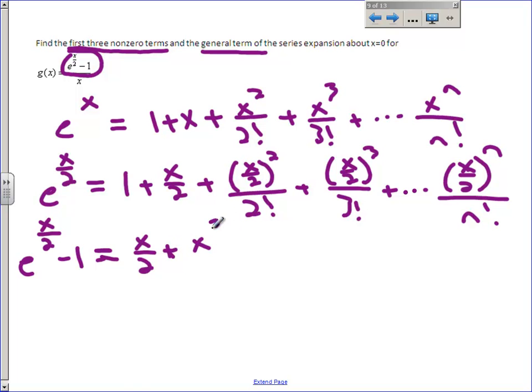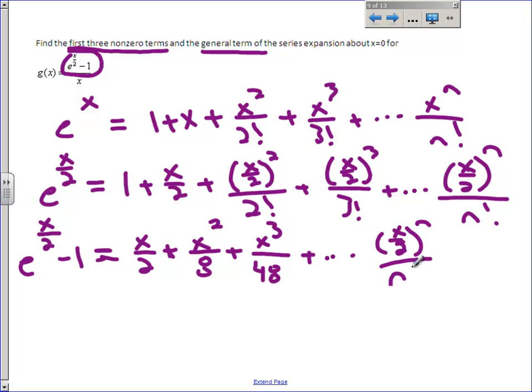This becomes x squared over 8. And then we have x cubed over 8 over 6 would be over 48 plus dot dot dot, and then it's still just x over 2 to the n over n factorial. We probably would just start at one more increment on the summation.